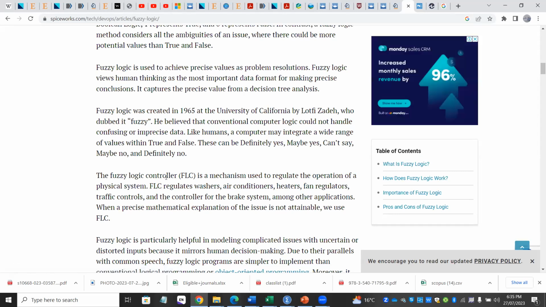But with a Likert scale, you are given the opportunity to respond in a spectrum. So some will say maybe, some will say I can't tell, some will say maybe no, some will say definitely no, some will say yes, and so forth.